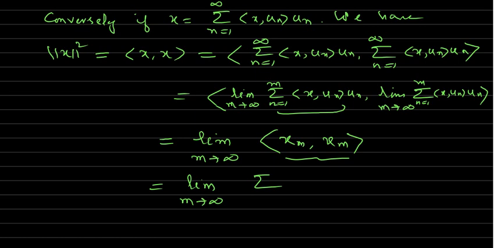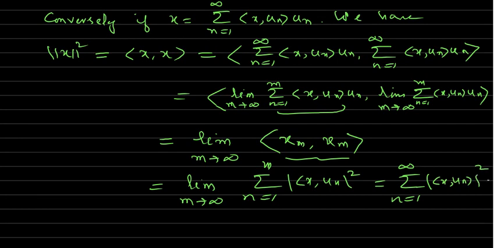This one is summation n runs from 1 to m inner product x with un square. So this is equal to summation n runs from 1 to infinity mod of x un square. So that's the equality. Okay. That's our equality.